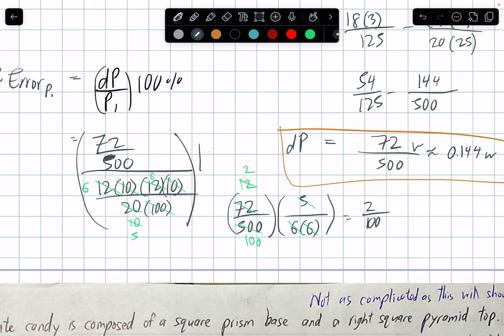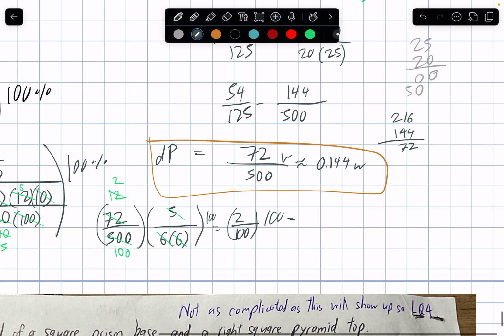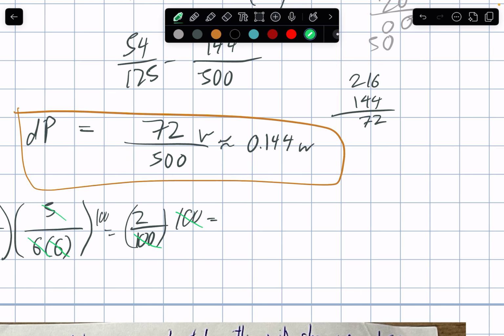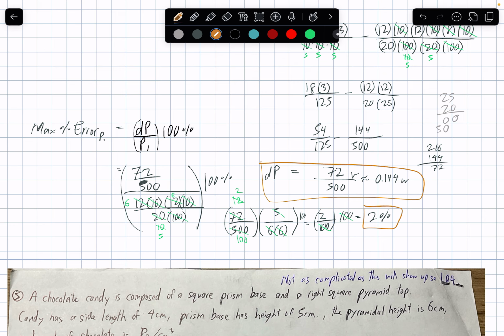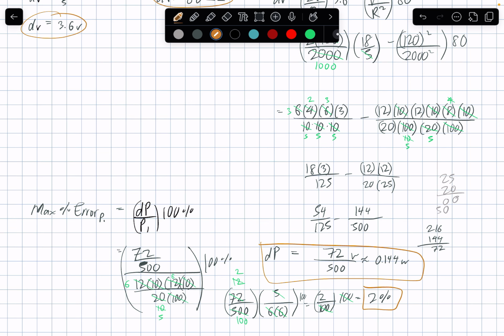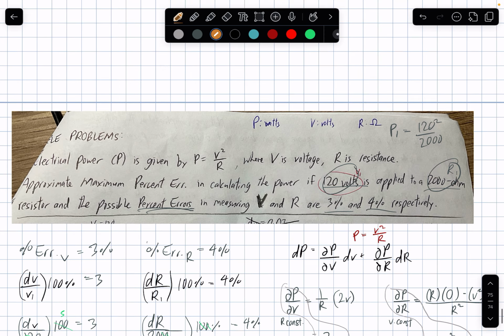And don't forget the times 100, okay? So when you cancel, very satisfying, you have an answer of 2%. So yeah, that's it for this question.